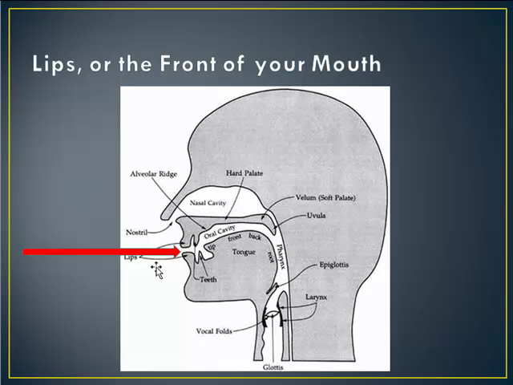One way that air gets stopped is by the lips, in words like pool or big, pa and ba. Both cause a consonant sound through the stopping of the air at the lips. If air stops at the lips, we call it a bilabial, bi for two, labial for lips, a bilabial consonant.